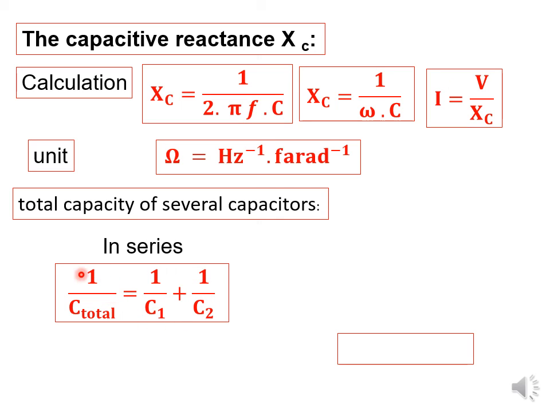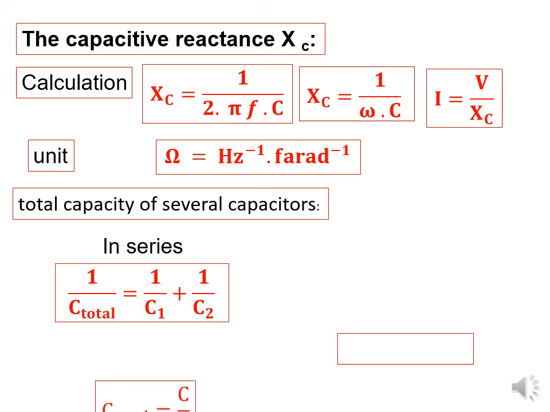So the reciprocal of the total capacity of a group of capacitors connected in series equals the sum of their reciprocals. يعني 1/C total equals 1/C1 plus 1/C2.